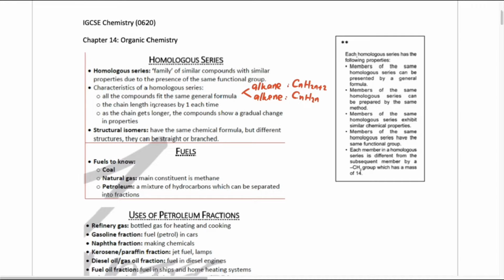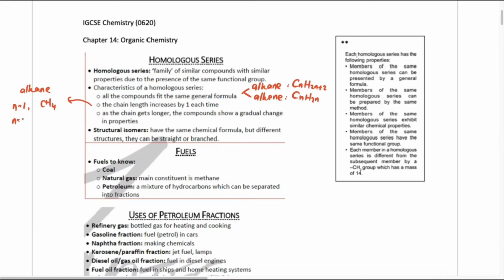The chain length increases by 1 each time. The chain length here refers to the carbon. The carbon increases by 1 each time. So for example, alkane is CnH2n+2. The first member, you substitute n with 1, then you get CH4.